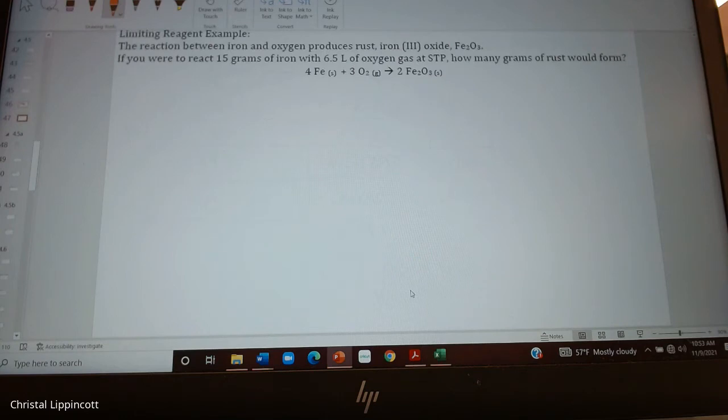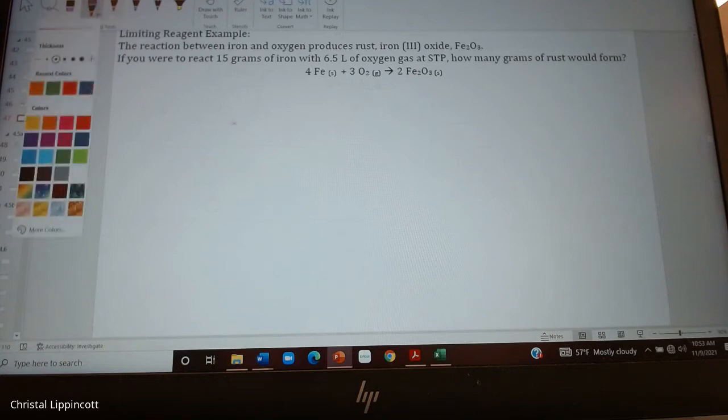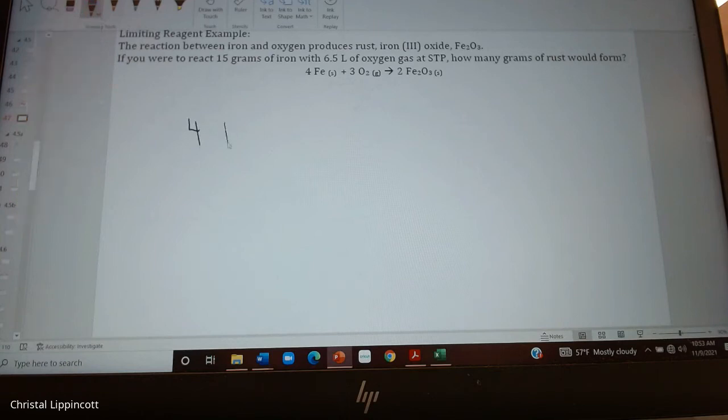We're going to do another one here. This one deals with limiting reactants. So you've got to figure out which reactant is holding you back from making more stuff. So again, like with the previous one, I am going to start out by writing this out just so I have more room to work. Okay. I'm going to set up my BCA table down here.